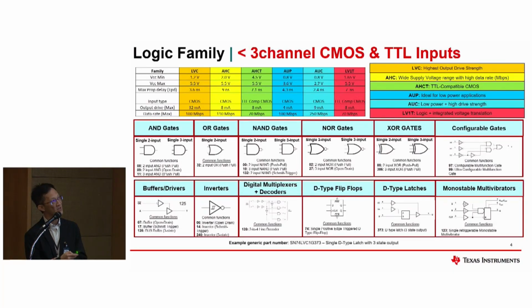All these 6 product families we can apply across all the various standard logic gates, as well as the buffers, inverters, mux, and so on and so forth. All right. So this is for the less than 3 channel.